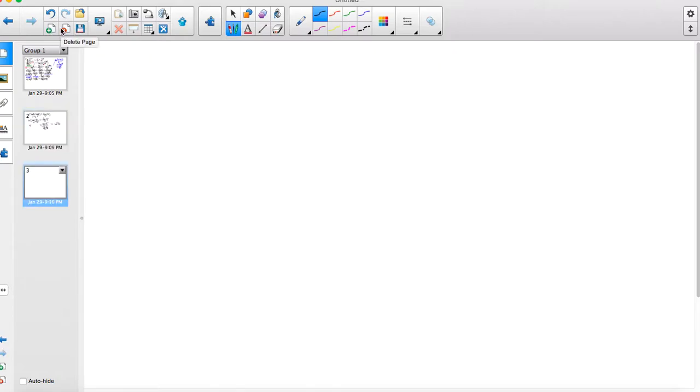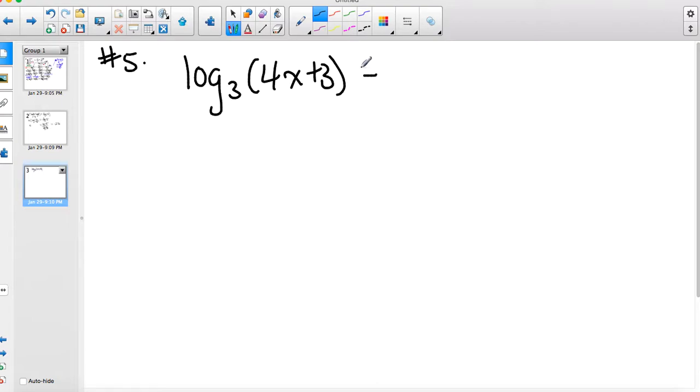I'm going to go, and this was calculate the solution. So this is number 5 from the test, and it said log base 3 of (4x + 3) is equal to 3 minus log base 3 of x.